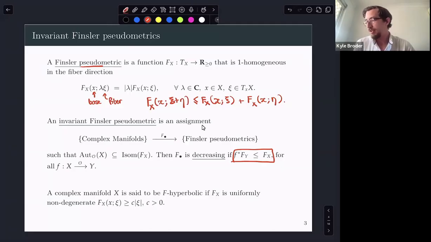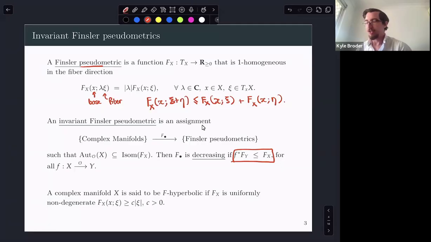This is the modern viewpoint of the subject: you don't want to talk about isolated examples of manifolds with these properties. You want to talk about all of them and then prove general properties about these Finsler pseudometrics. And then it's a property of the manifold when such a Finsler metric is non-degenerate.